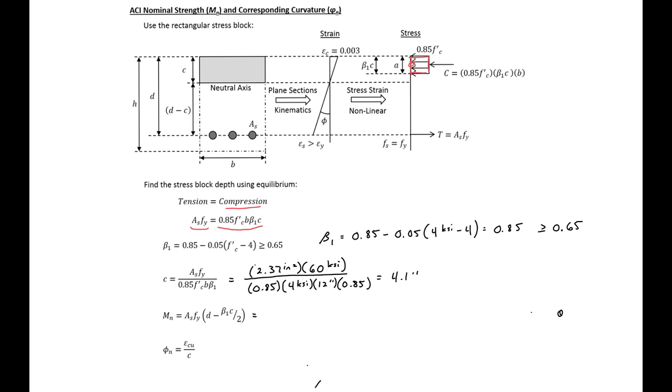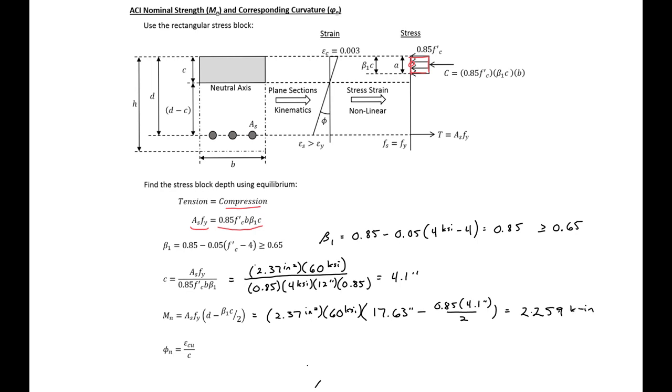And we'll get our moment to be equal to our AS, so 2.37, times Fy, 60 ksi, our force component, and then our lever arm, which is our D, 17.63, minus 0.85 times 4.1 divided by 2, which will give us a moment here of 2,259 kip inches.